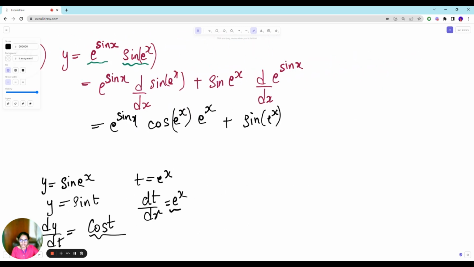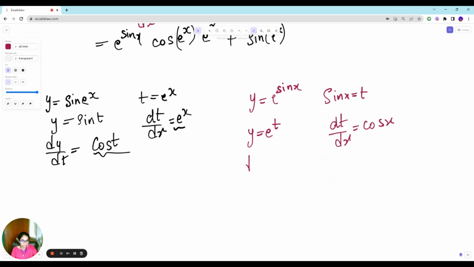Now the differentiation of this, say y is equal to e to the power sine x. If I take sine x is equal to t, so y is equal to e power t. And what is dt by dx? Dt by dx is cos x. What is dy by dt?